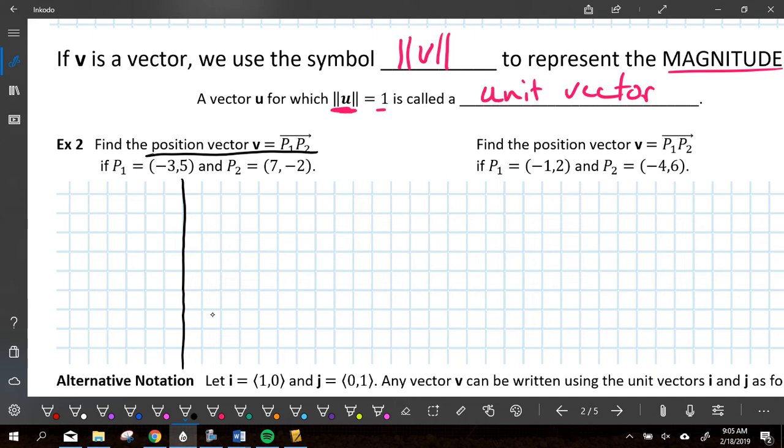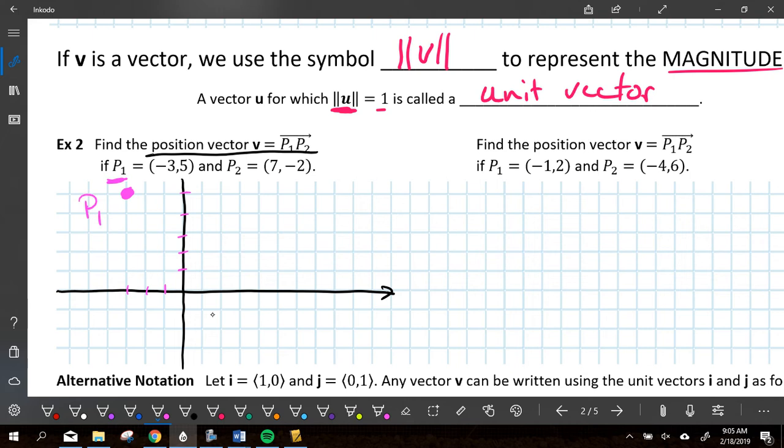I need to be able to go left 3 and up 5. So here's an XY graph. For this graph, it's just ordered pairs. They are telling me the starting ordered pair is -3, 5. So I'm going to go left 1, 2, 3, 1, 2, 3, 4, 5. That dot right there is P1.